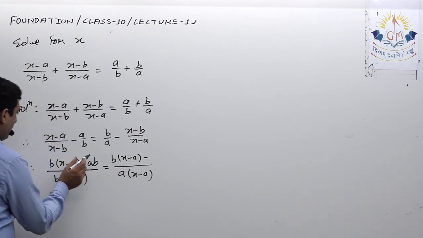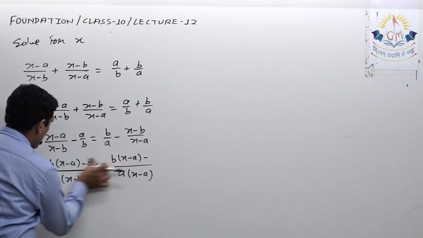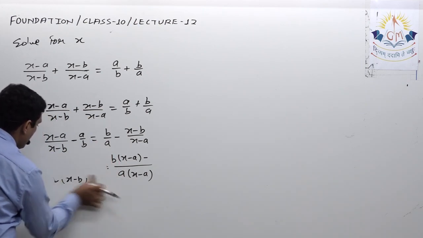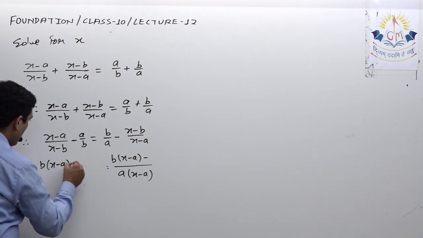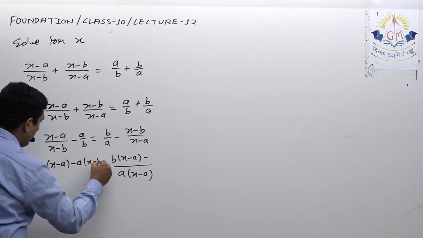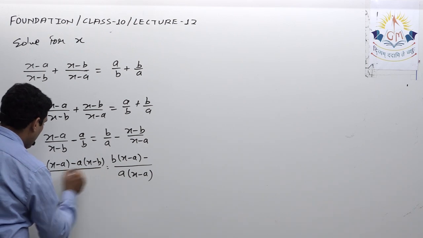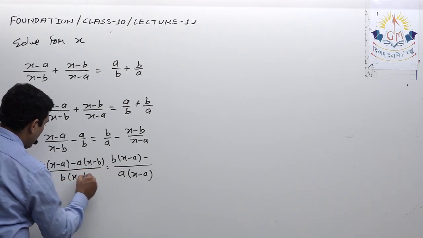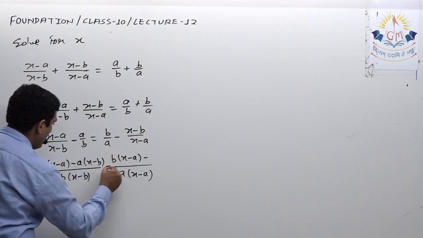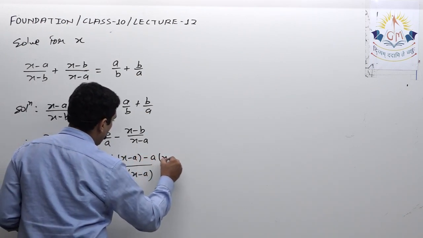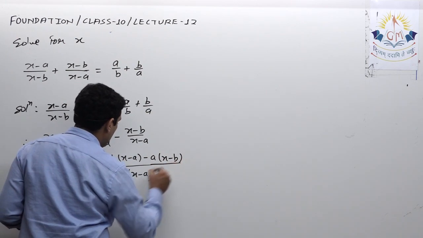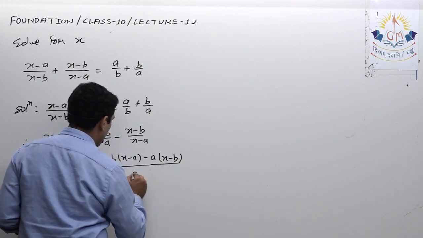Here there is a small change: it should be b into x minus a minus a into x minus b, divided by b multiplied by x minus b, is equal to b x minus a minus a into a x minus b, divided by a into x minus a.